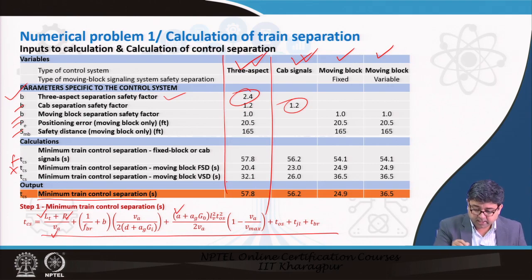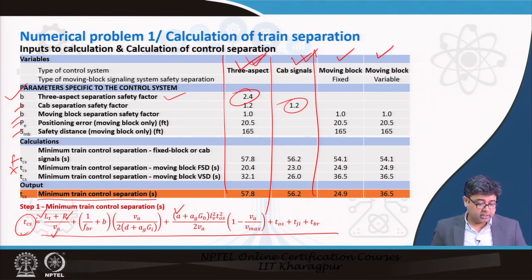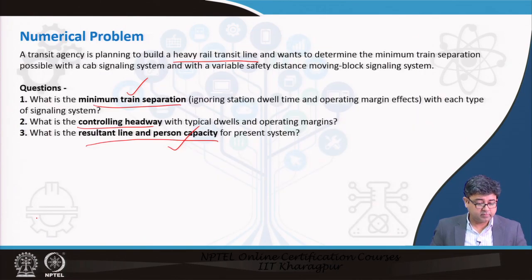So, this is one type, this is the other type. So, insert the parameters as per the control systems, and you will calculate what is called the minimum train control separation.